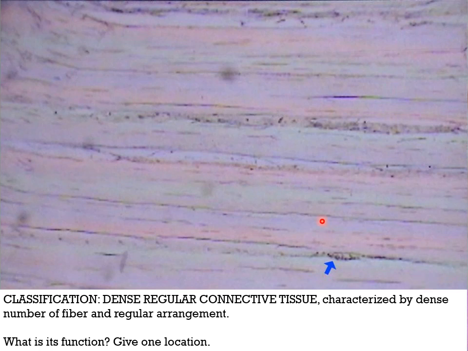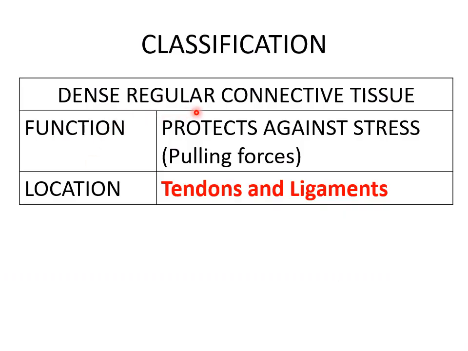Next type of connective tissue is dense regular connective tissue. Regular kasi same yung orientation ng bawat fiber. Dense, walang masyadong space, dikit-dikit yung ating mga fibers or connective tissue. So, ang dense regular connective tissue natin ay makikita sa mga tendons and ligaments.